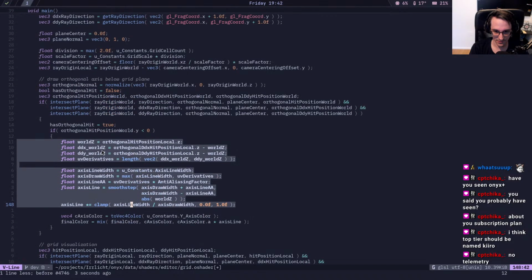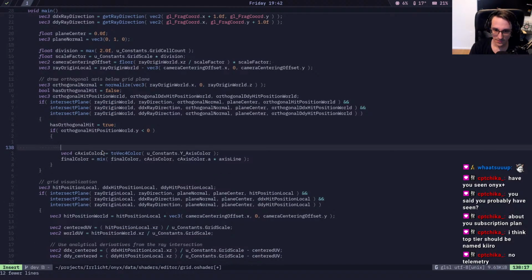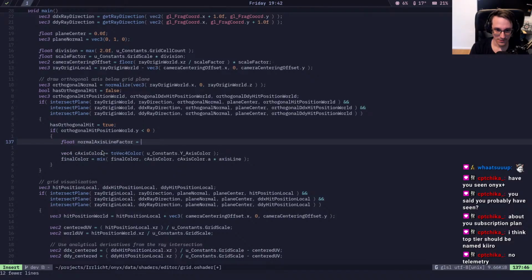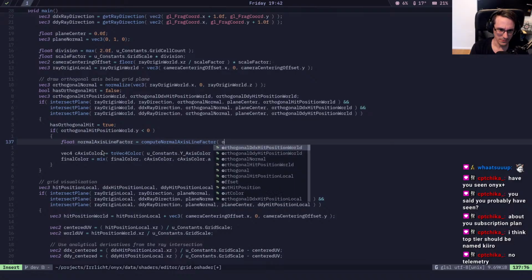If it is, we get rid of that, and we just do a float, or like normal axis factor, compute normal axis line factor, and then that is basically our hit position.